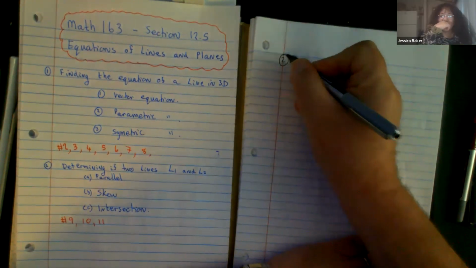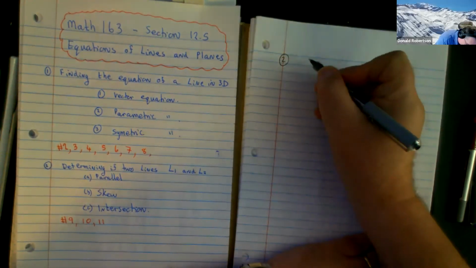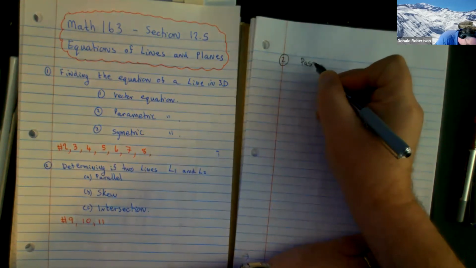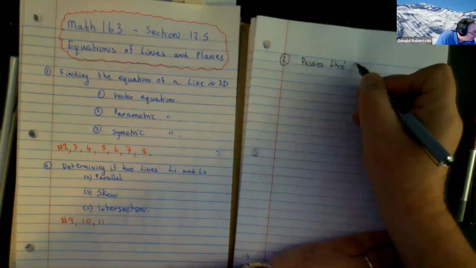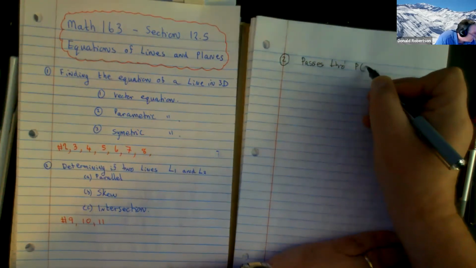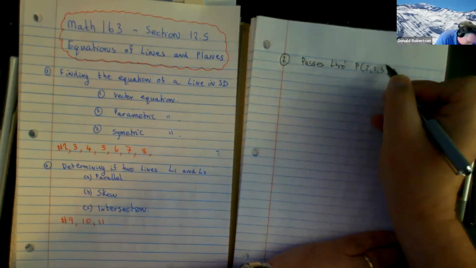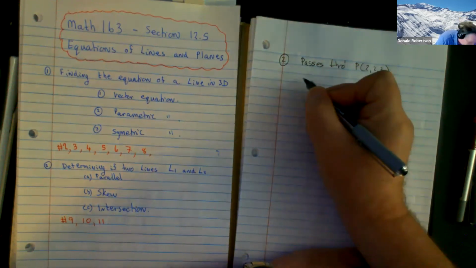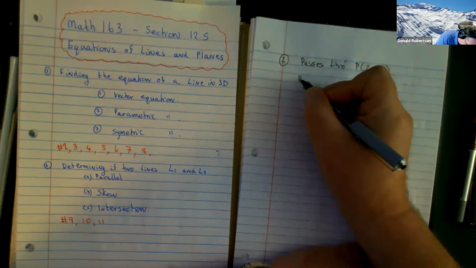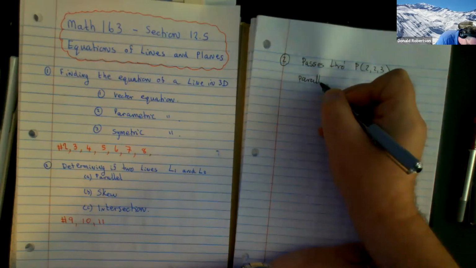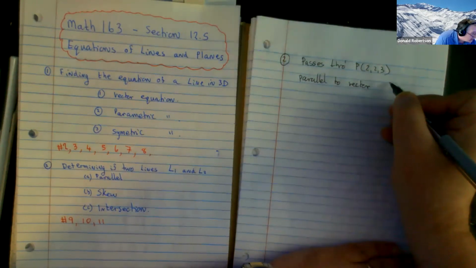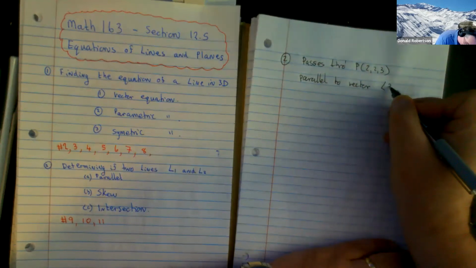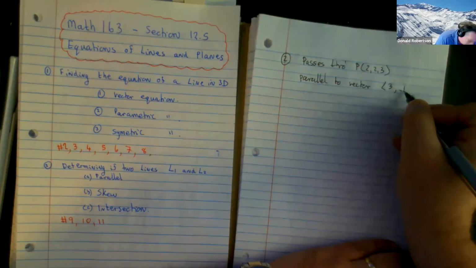Question 2. Find the equation of a line that passes through the point, I like to put P in it, even if they don't, (2, 2, 3), and it's parallel, which is an interesting way of phrasing it, to the vector, and I'm writing it the way I like vectors to be written.